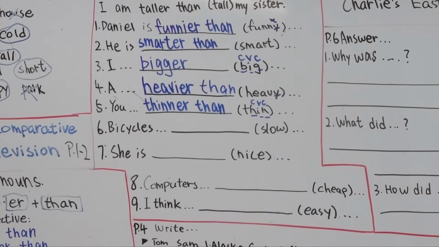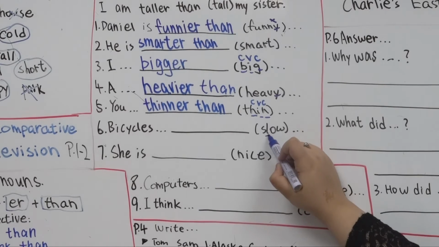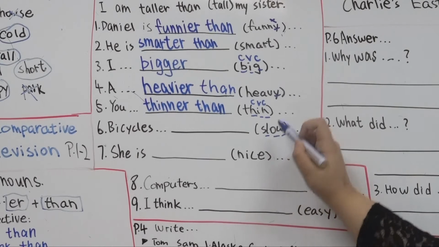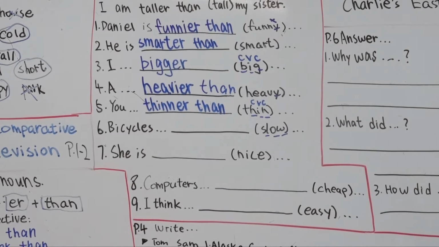Six. Bicycles are slow, cars. So here, although it ends with consonant, vowel, consonant, remember W cannot be a double consonant.